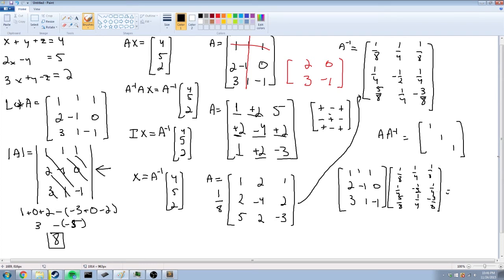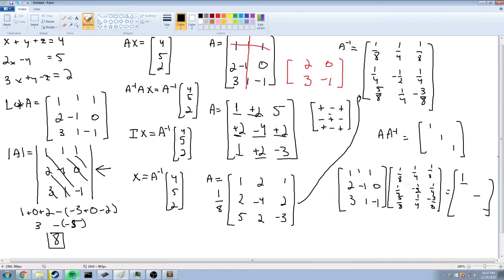So you only have to check these positions right here, since these are the only ones that matter when you're checking it. So you just want to make sure that these are all ones. So for the first position, we would just check the first row in the first column. So it's 1/8 plus 2/8 plus 5/8, which is 1. And then for the second position, right here, we check the second row in the second column up here.